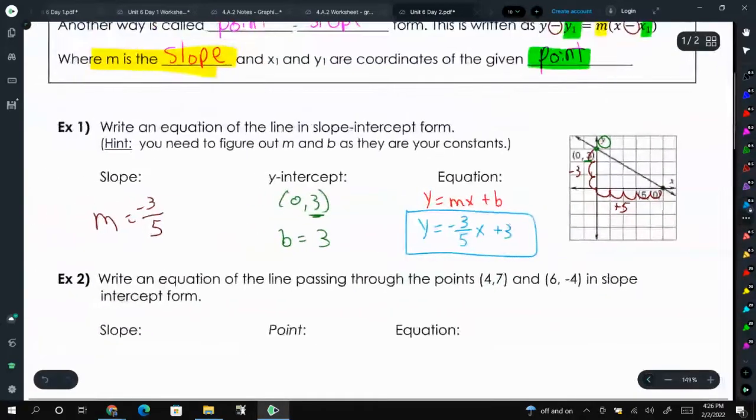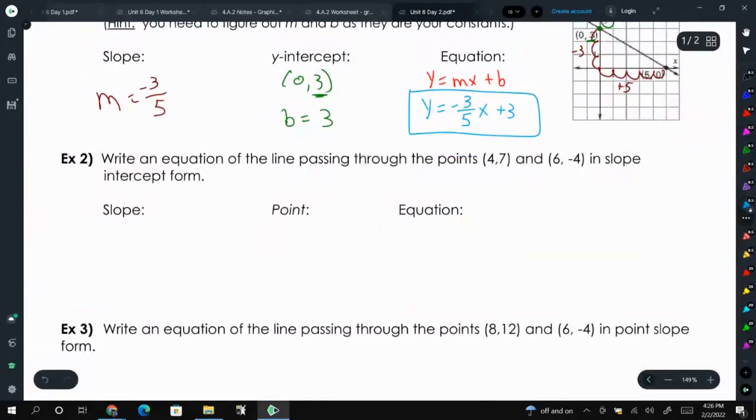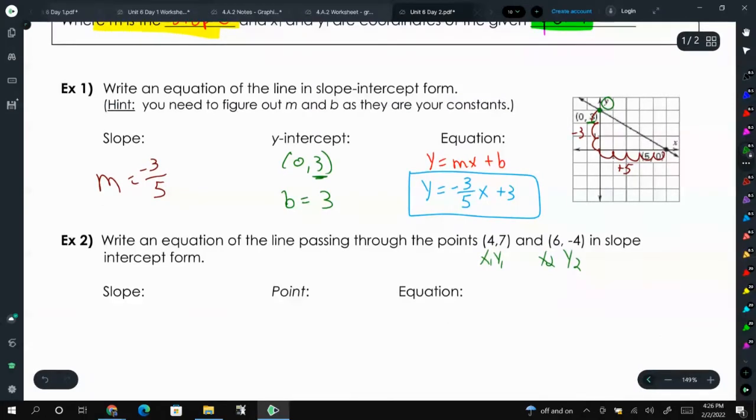Now, if we're only given 2 points and we try to write in slope-intercept form, it's going to be a little bit more work, and I'm going to show you why. We have to calculate the slope first using the slope formula, because we don't know what the slope is. It's not like up here where we could count the slope.